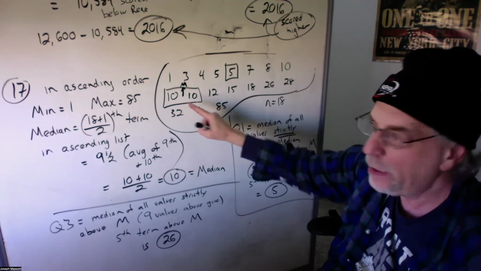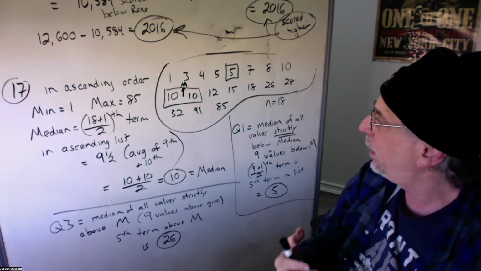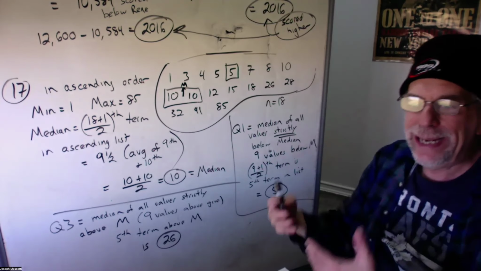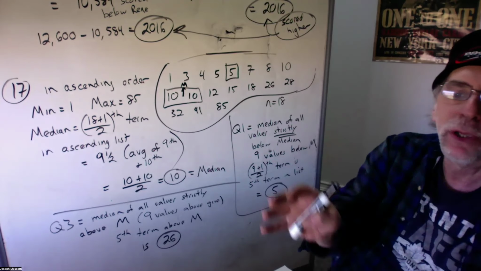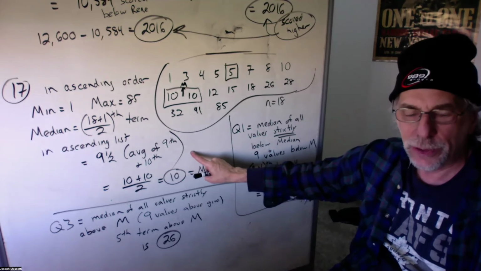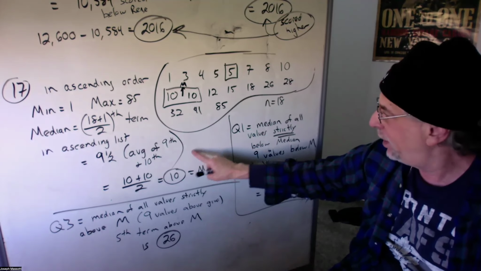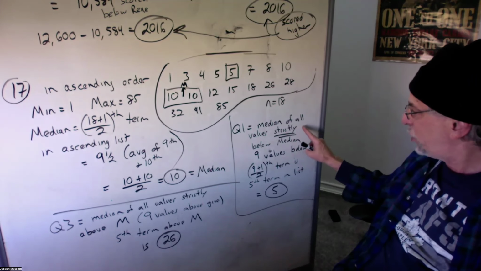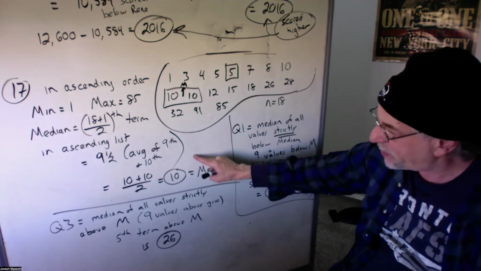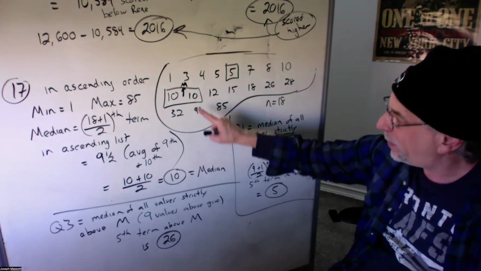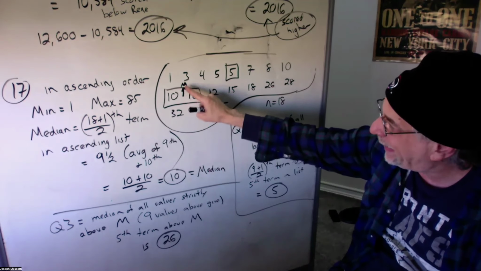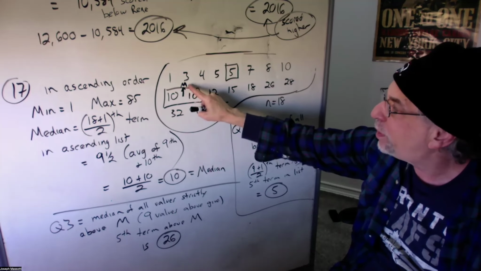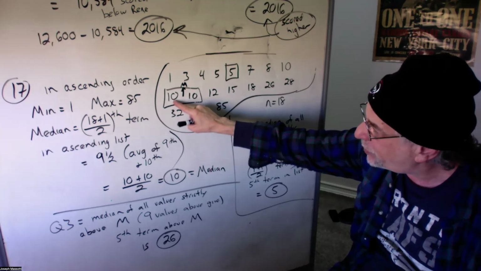And that becomes important when we look at the quartiles, because the quartiles are going to be the median of all the values below what we just found to be the median. So the median of all values strictly below the 50th percentile. Now, the 50th percentile was between these two values, even though it's the same number. So the values below the median include this one.